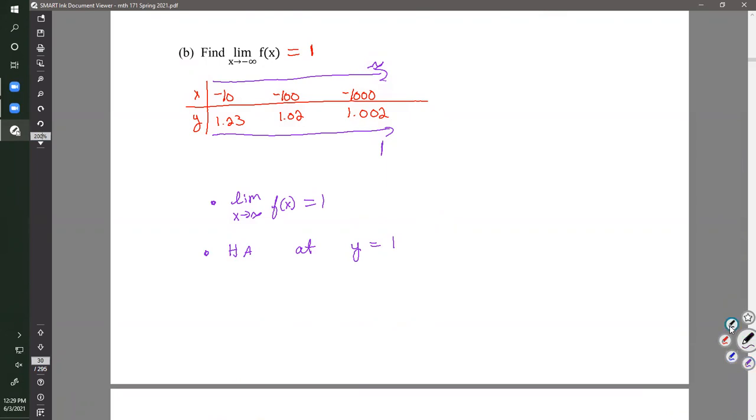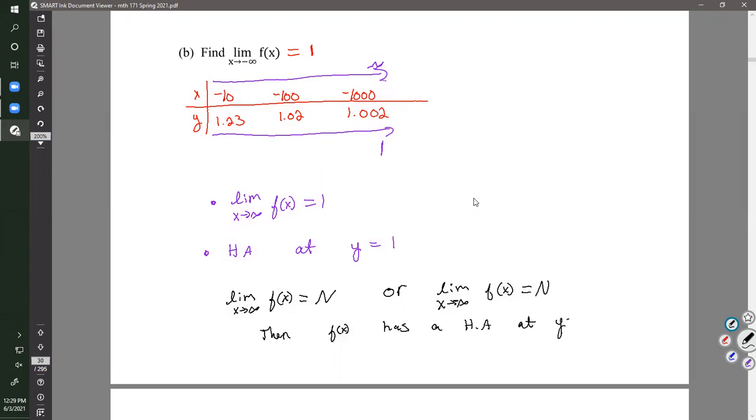So kind of a key note on this page is if we have the limit as x goes to infinity of f of x, and it equals some number, or we have the limit as x goes to negative infinity of f of x, and it equals some number, then f of x has a horizontal asymptote at y equals n.